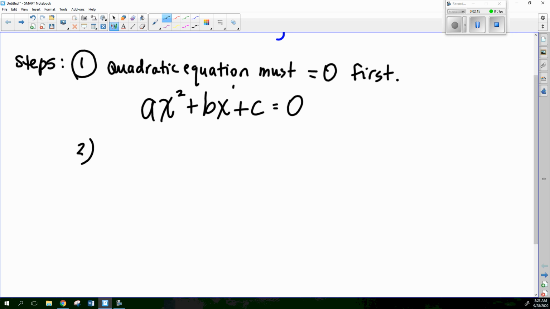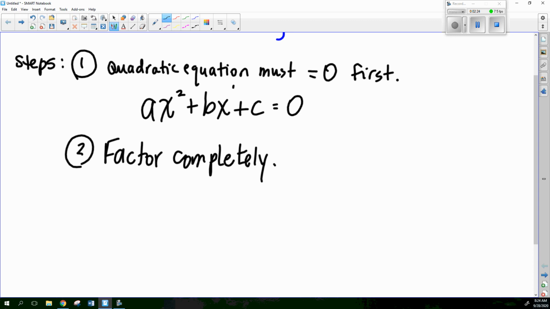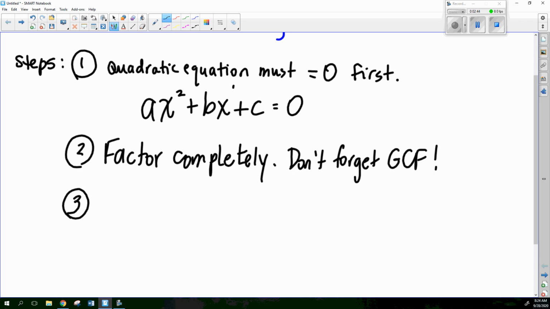Once it equals 0, step 2 is to factor completely. Remember that means don't forget to look for the GCF first. That is part of factoring. Once you have factored, the solving part, the rest of it's pretty easy.